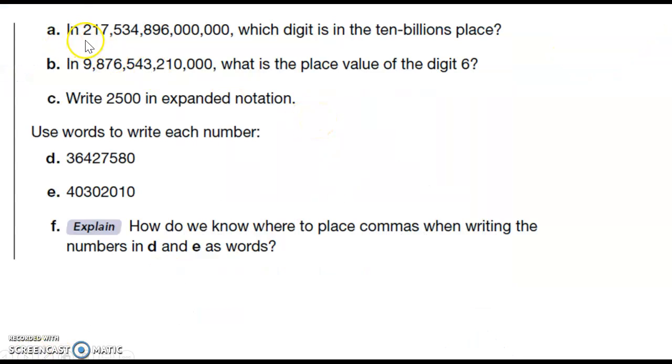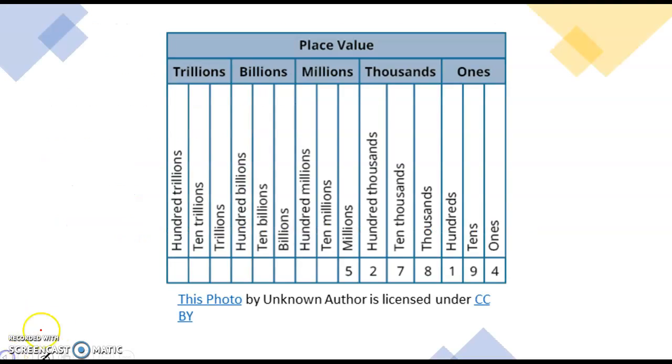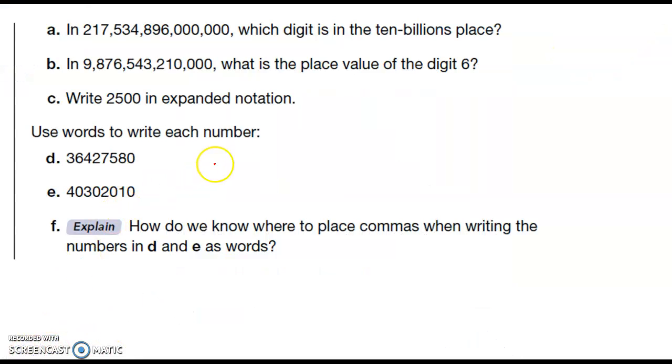Okay, so this says, which digit is in the 10 billions place? If I go back, we're looking for 10 billions, which is right here. And I'll show you how we can count it out even when we don't have one of those fancy charts.